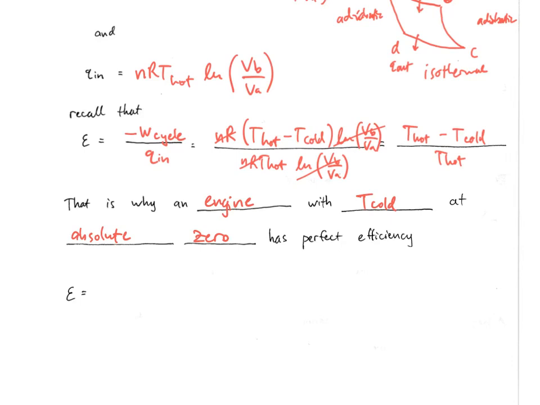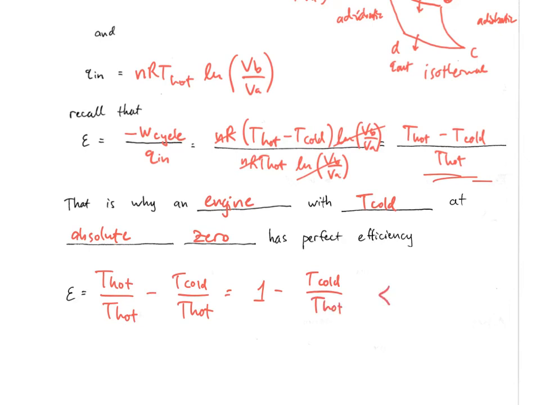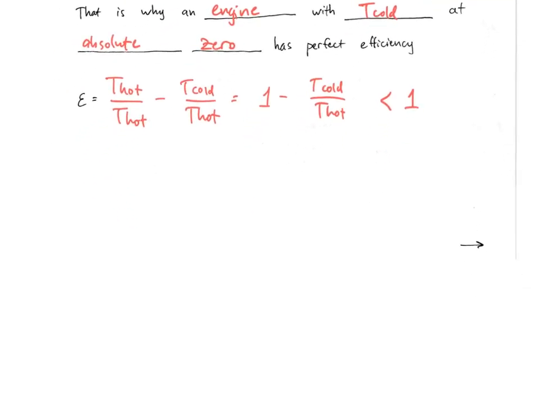But in general, epsilon, the efficiency, is equal to T hot divided by T hot minus T cold divided by T hot, and that's just me rearranging this equation up here. Then this just becomes 1 minus T cold divided by T hot, and this is always going to be less than 1 because it is impossible in practice to attain absolute 0 in a system, according to the third law, which we're coming up to pretty soon here.